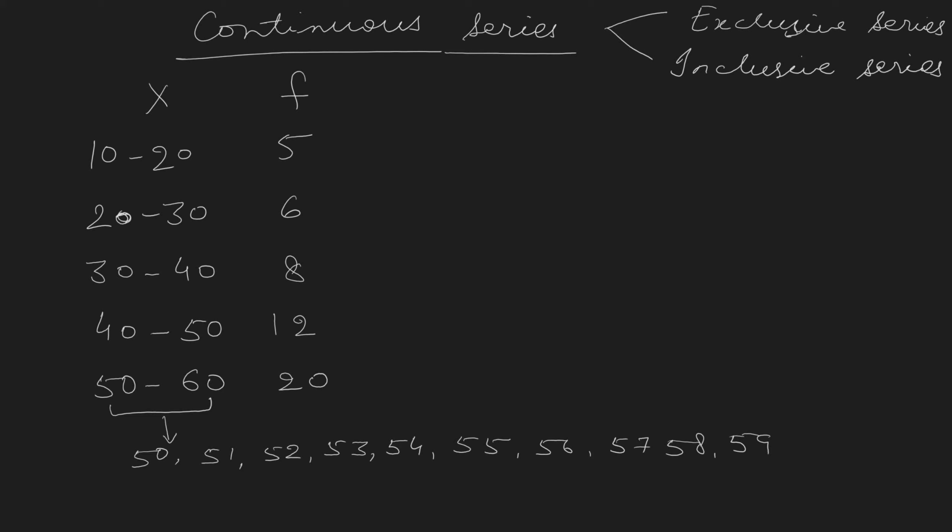So the one which I have written here is the exclusive series. Why? Because in this the lower limit is 50 and the upper limit is 59. Here it is written as 60, but this 60 is excluded from this series. That is why this series is known as exclusive series.